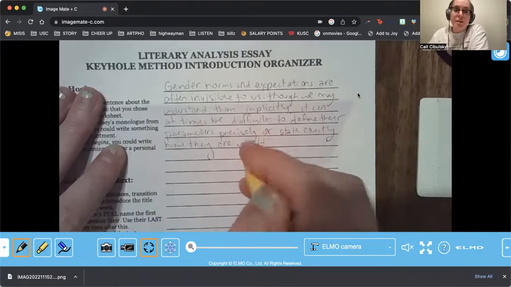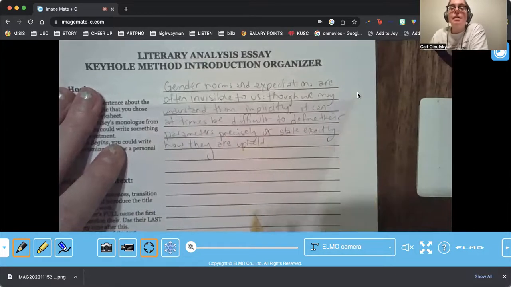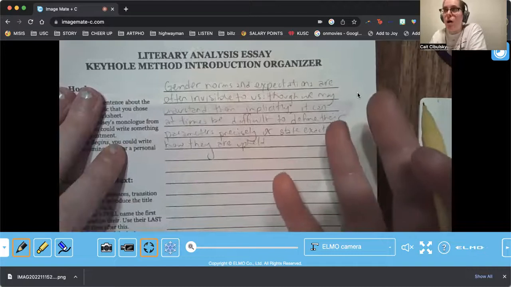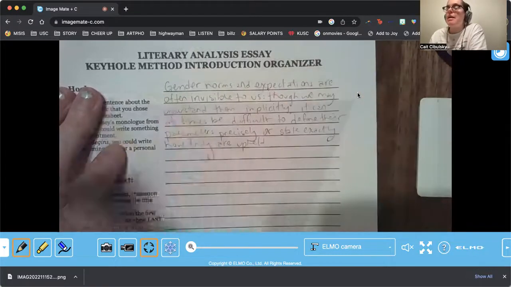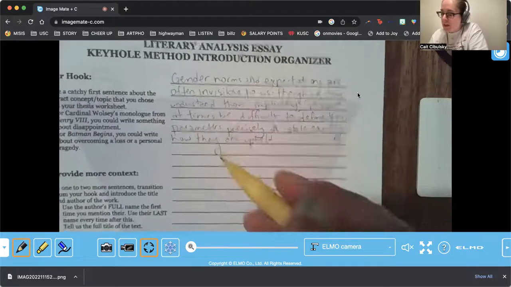That's basically a fancy way to say, yeah, we know these gender norms, these expectations, they exist, but it can be difficult to think about what exactly they are, right? And how they keep getting continued on. Anyway, so that's my hook.